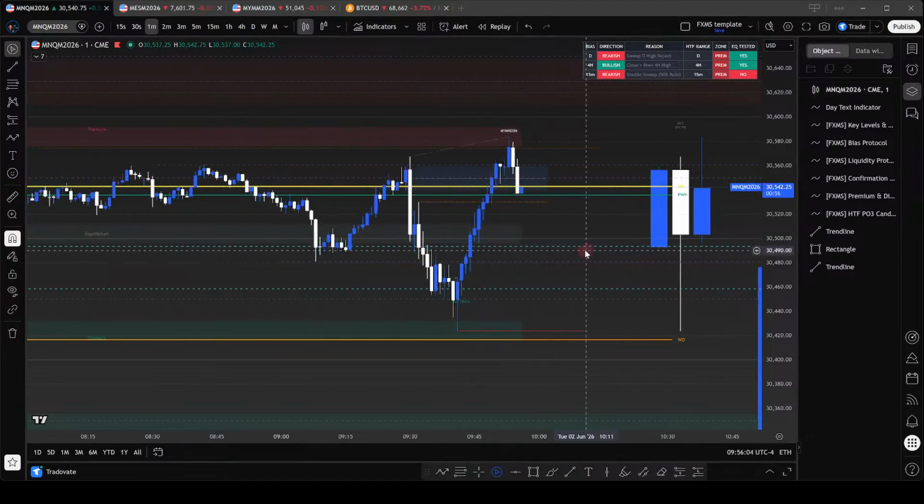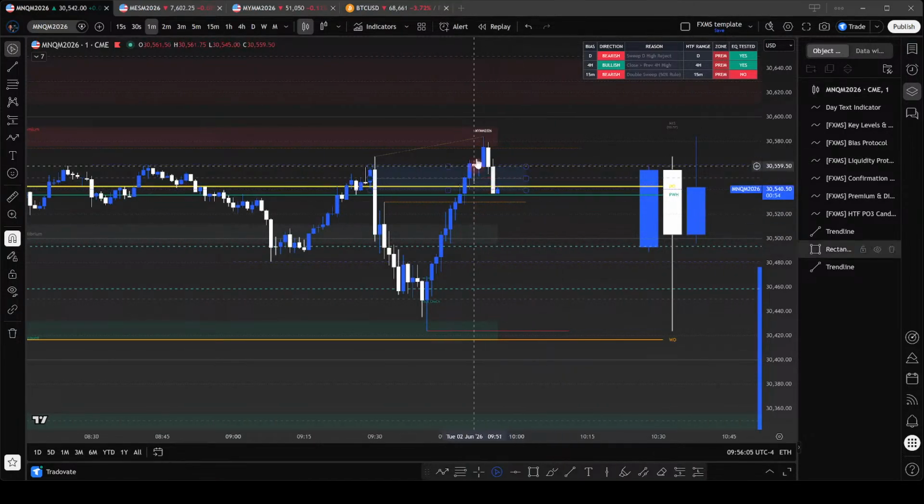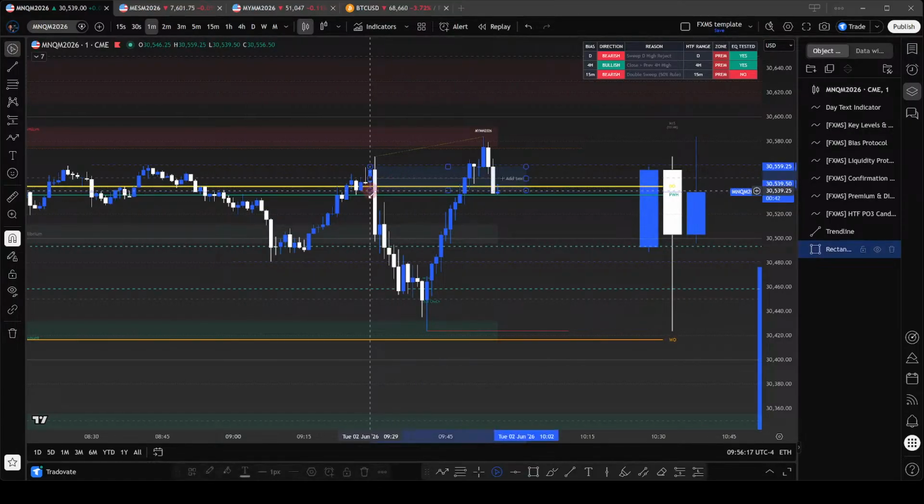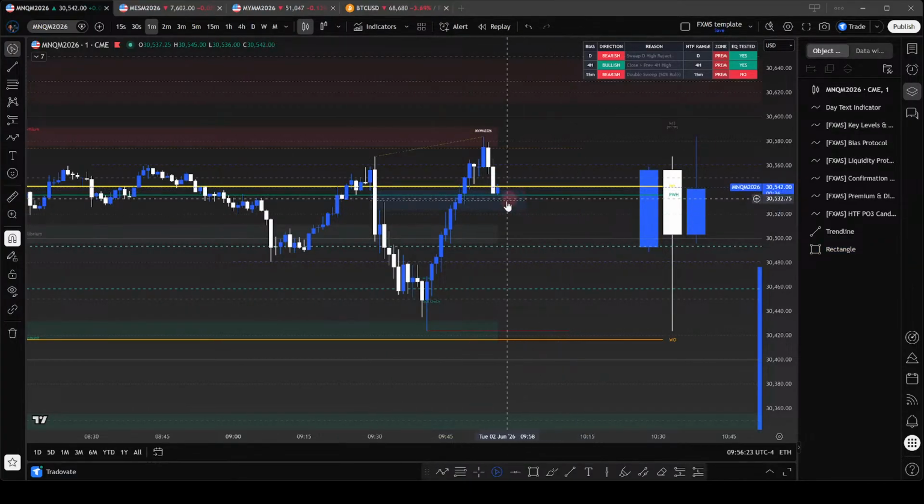Okay, nice push through here, so there's momentum now. Sellers pushing down. See if we get back below here. Pushing through this imbalance here, because this will create support for us, right?